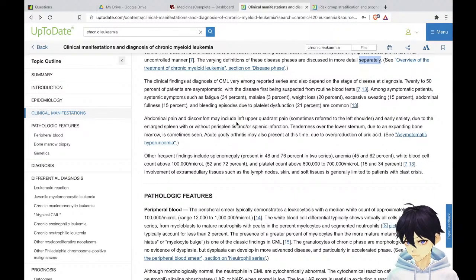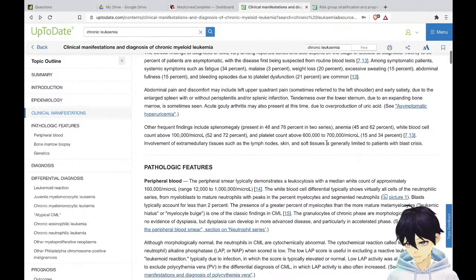Abdominal pain and discomfort may include left upper quadrant pain, sometimes referred to the left shoulder, and early satiety due to enlarged spleen with or without perisplenitis and/or splenic infarction. Tenderness over the lower sternum due to an expanding bone marrow is sometimes seen. Acute gouty arthritis may also present at this time due to overproduction of uric acid.